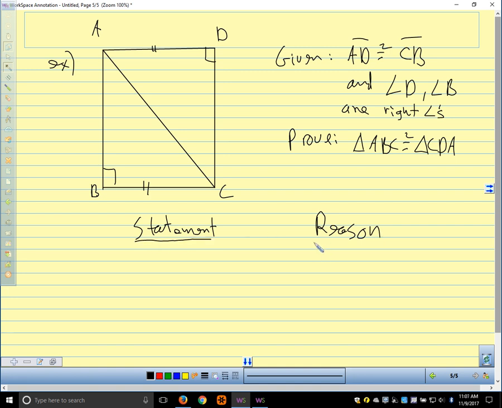I'm not gonna rewrite the givens, so those will go in here, and those are given. So that's a good place to start. That's really the only piece of information that we can figure out, that AC is congruent to itself. And what is that property? The reflexive property.